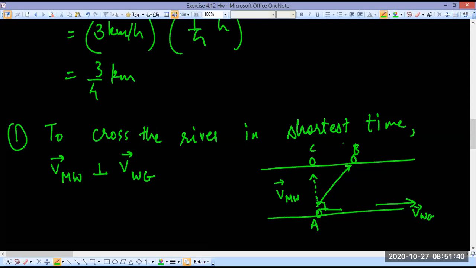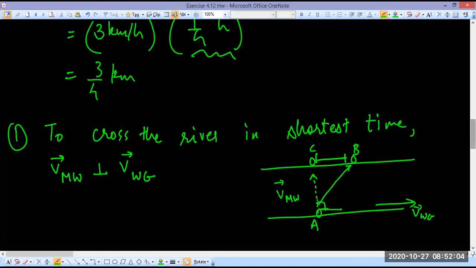So all his effort will be in this direction to cross the river. But what happens as a result is that the water drags the person forward downstream and the person ends up over there. So this is a very strange case. Gracie, in the answer you can write it, but you can't put it here.